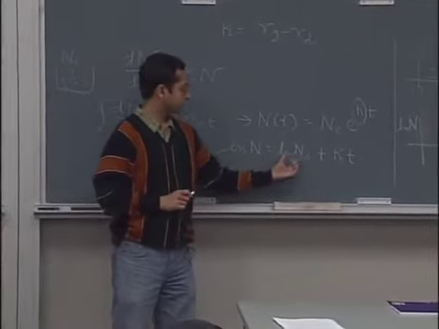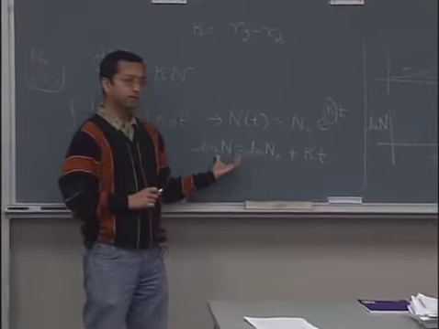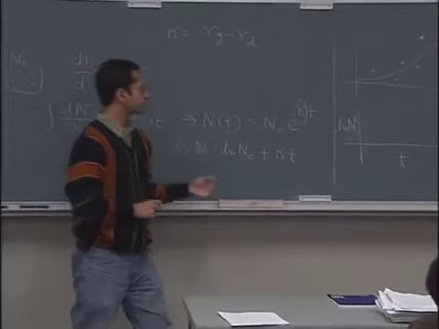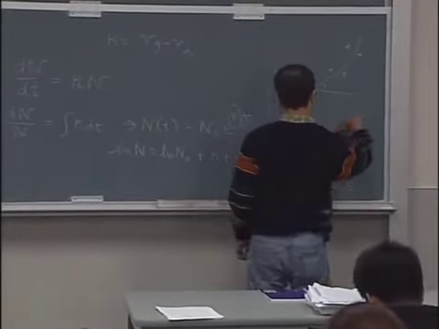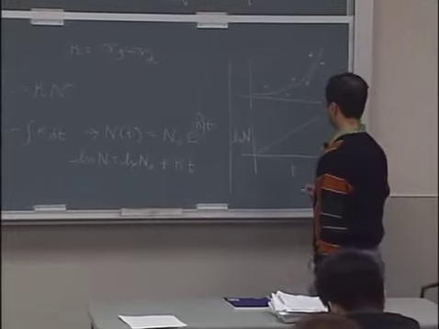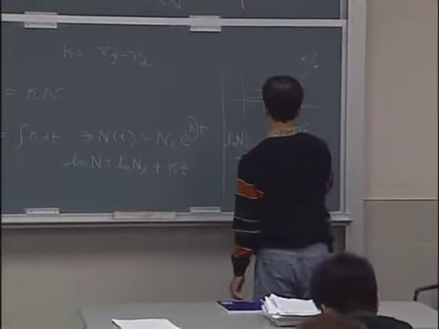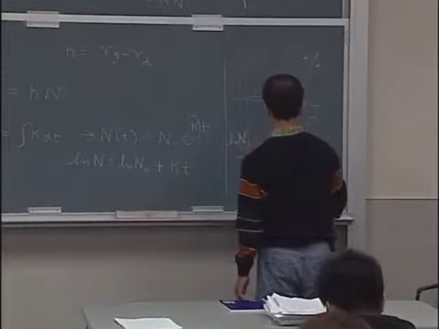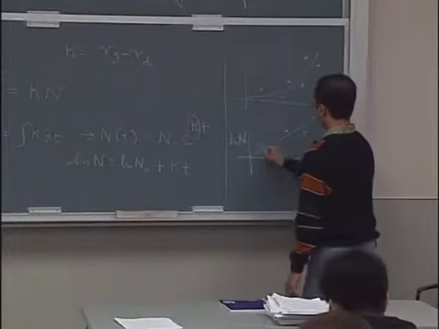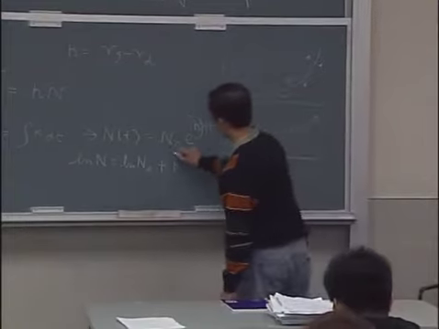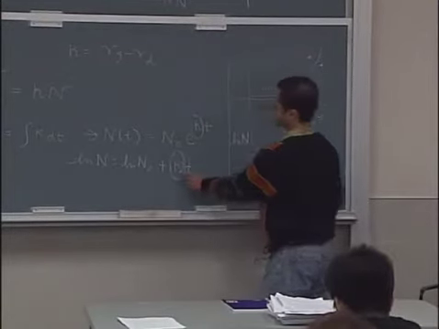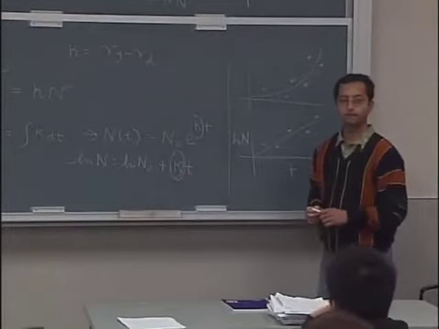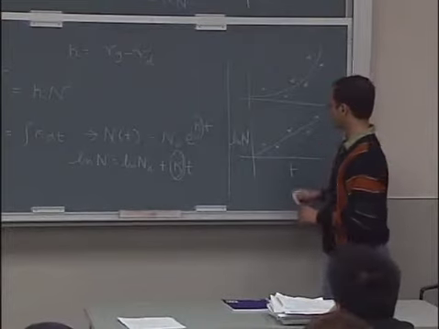So now this is a straight line. So you get this. Now your data points are like this, and you fit a straight line, and the slope gives you the constant k. Okay?